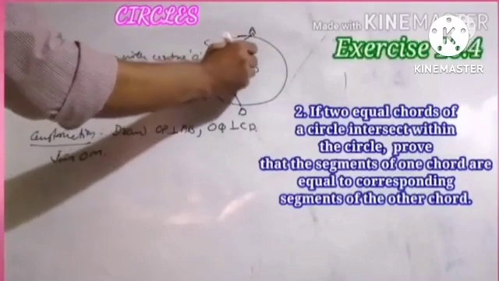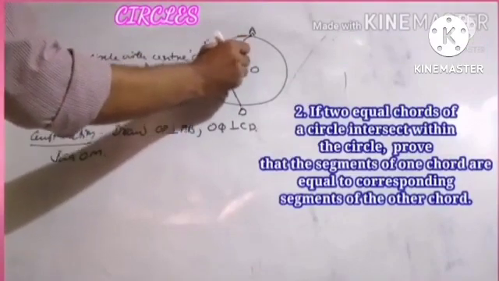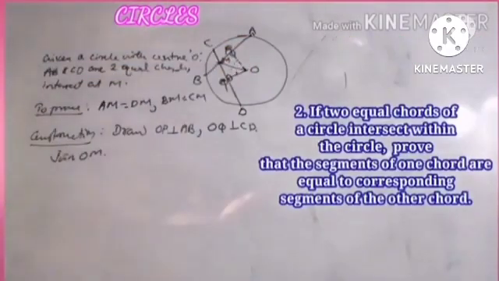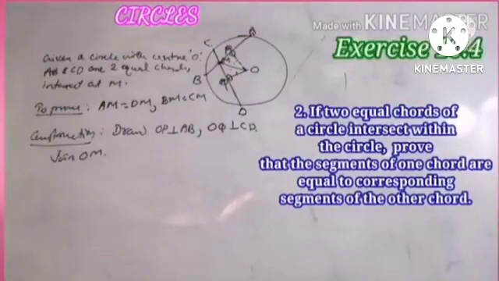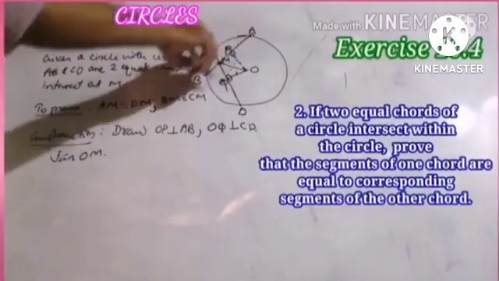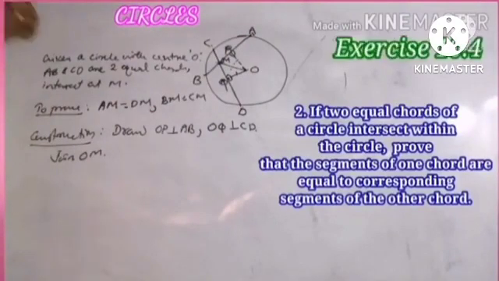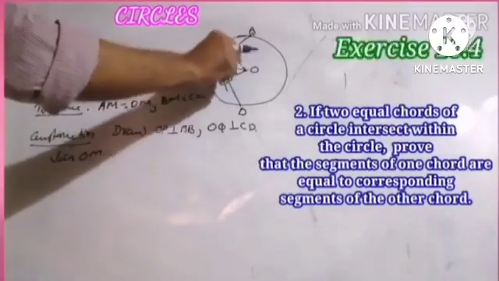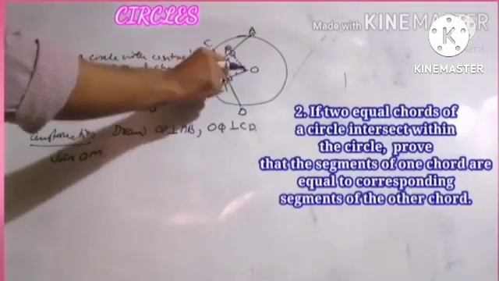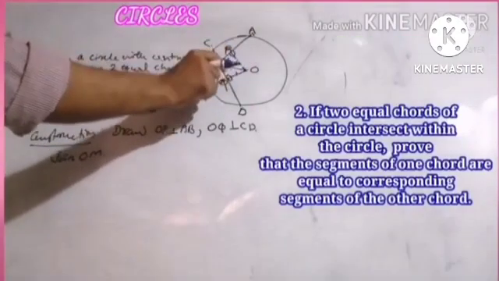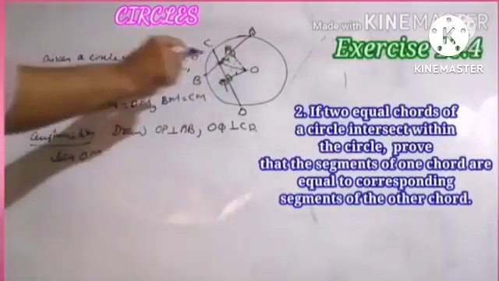In OPM and OQM, OP and OQ are equal because they are the distances from equal chords. Equal chords of a circle are equidistant from the center. Using that property, OP equals OQ, because OP and OQ are perpendicular distances.